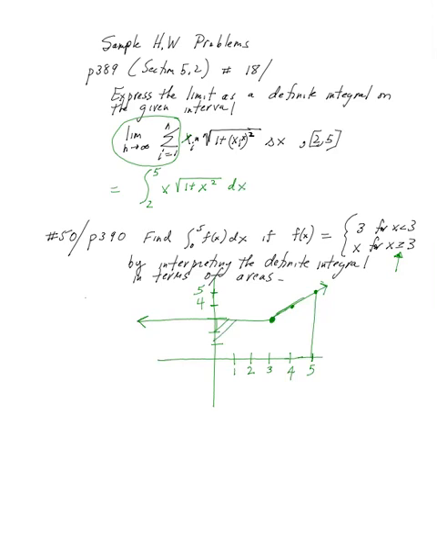So the definite integral of this f of x function when x goes from 0 to 5 is just this area I have indicated I'm shading right now. That area, this area, A, is just the definite integral from 0 to 5 of f of x dx.